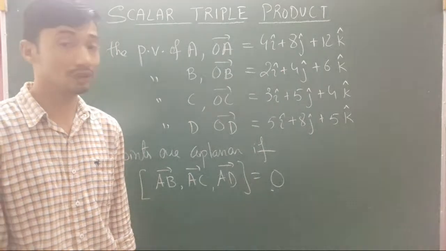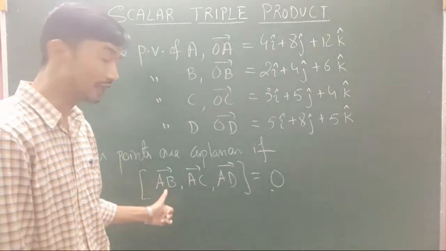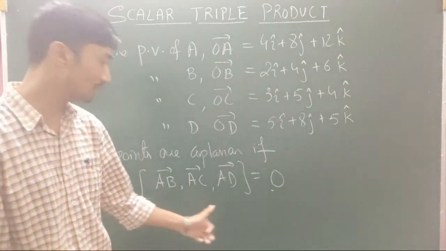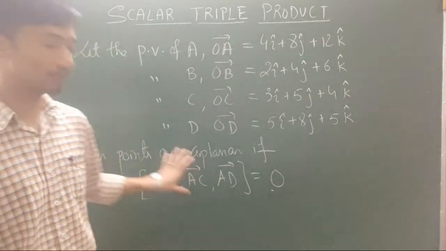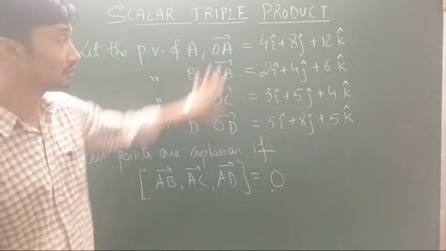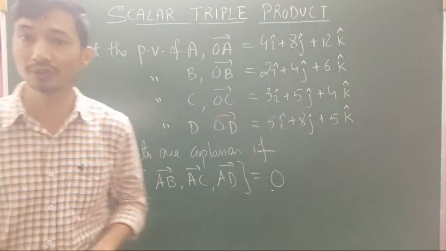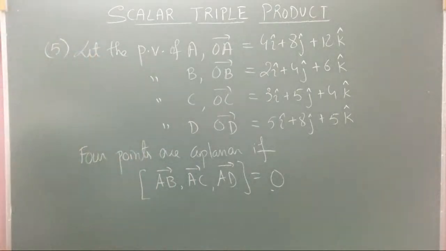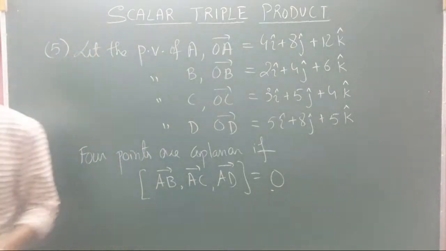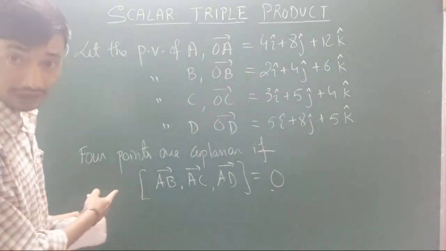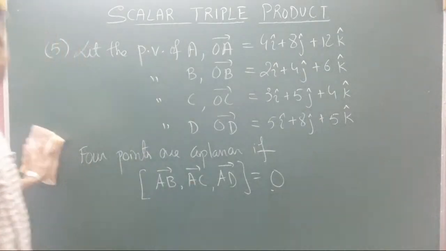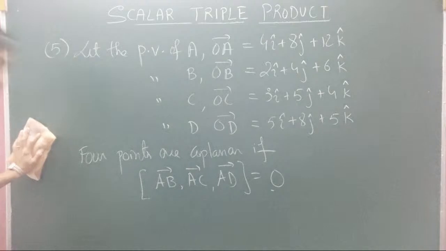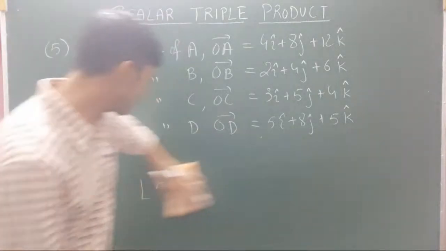So that means we have a lot of work to do. We have to find out AB, AC and AD. I hope you have written it down because I have to rub it off. Written? I'm rubbing it off. Okay, so let's find out the vectors quickly.